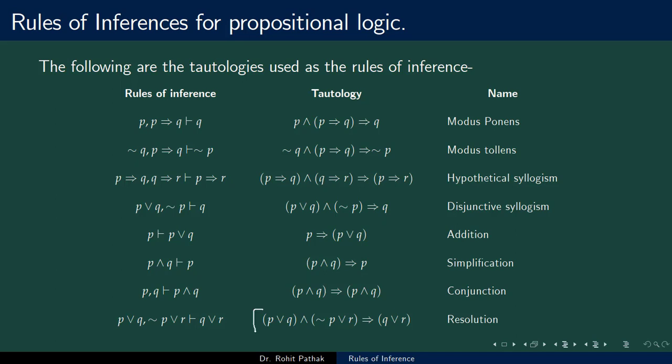So these are tautologies which you can use as rules of inference to find the validity of an argument. These are the rules of inference for propositional logic.